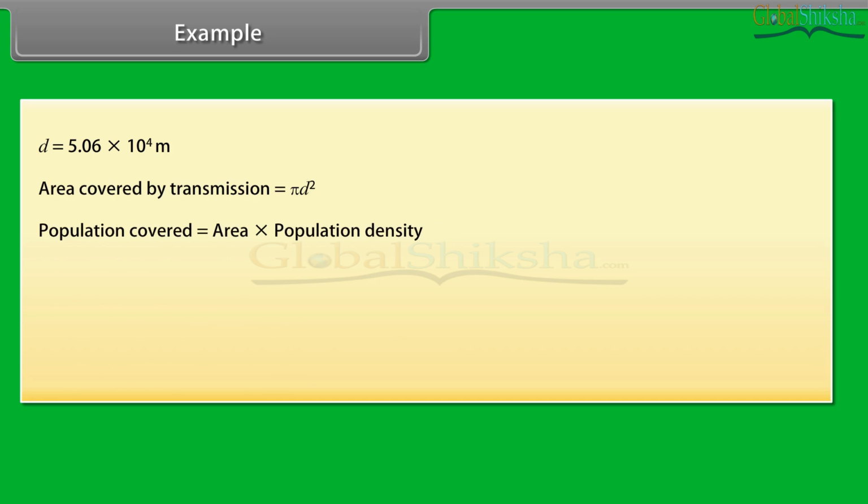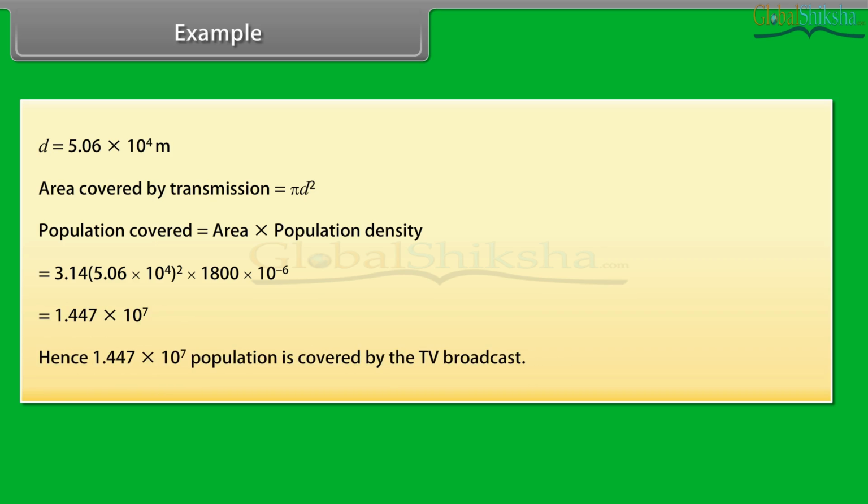Population covered is equal to area into population density. Now, put the values and calculate. We get the value 1.447 into 10 raised to the power 7. Hence, 1.447 into 10 raised to the power 7 population is covered by the TV broadcast.